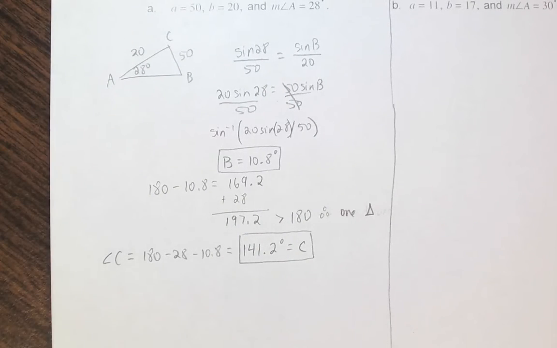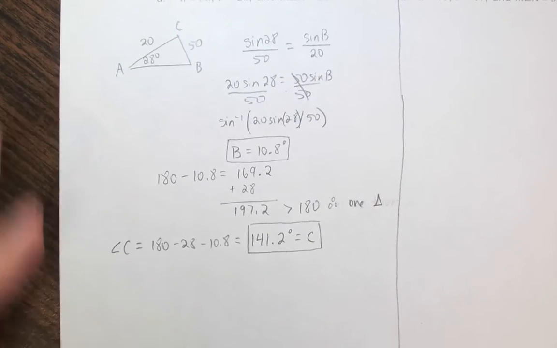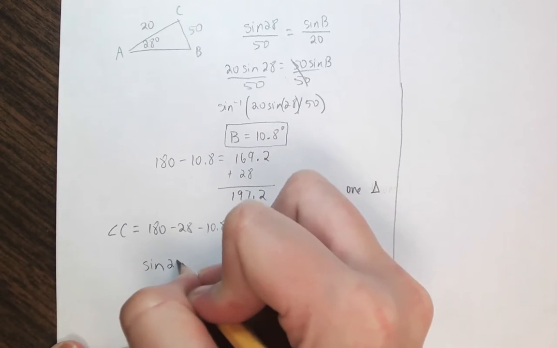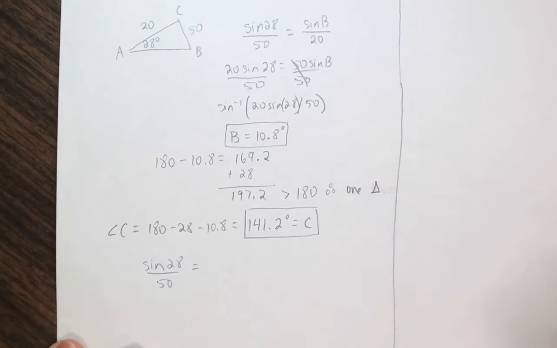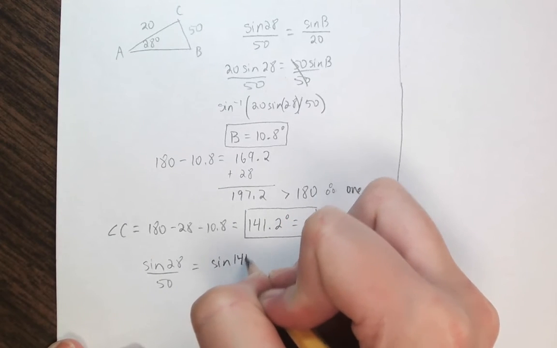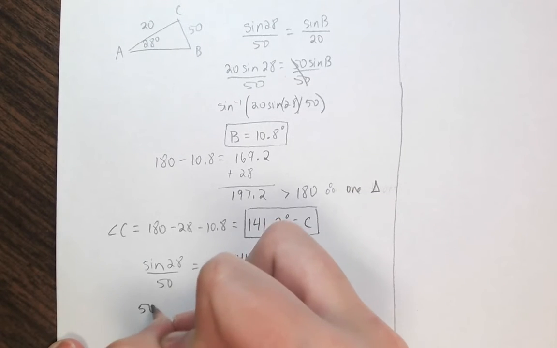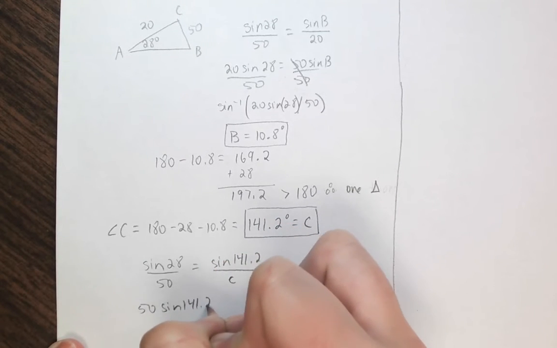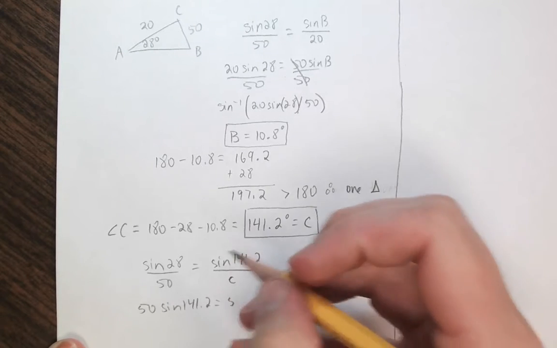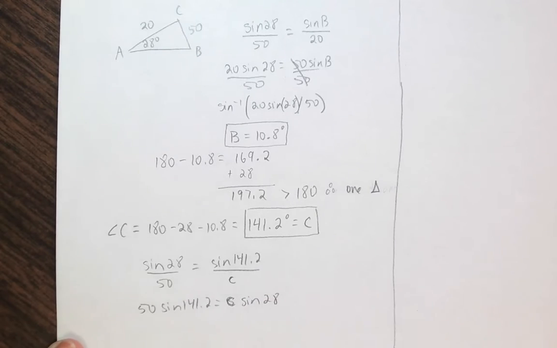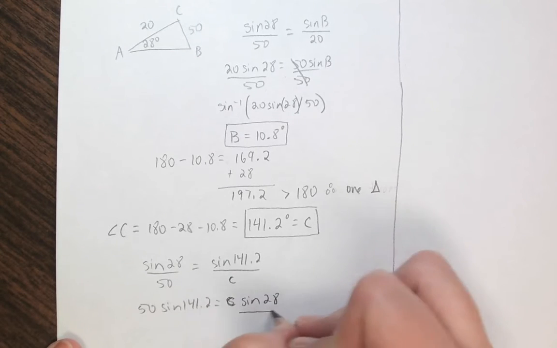And then the last piece I need to find is side C. To find side C, you can either use law of sines or law of cosines. It's up to you. I'm going to use the law of sines here. So sine of 28 over 50 is equal to, cross multiply, divide both sides by the sine of 28.